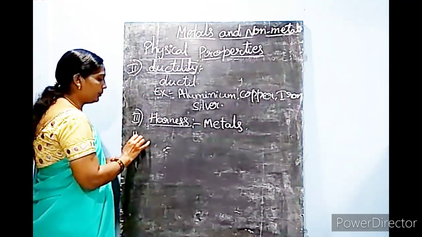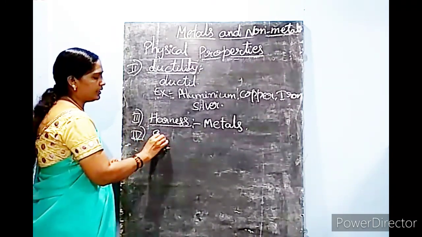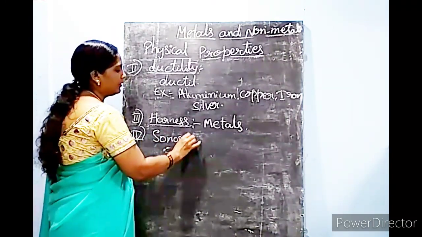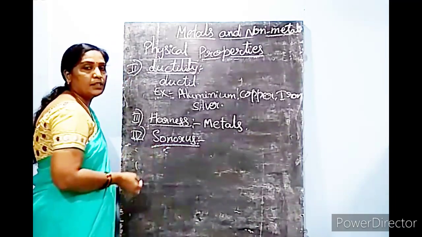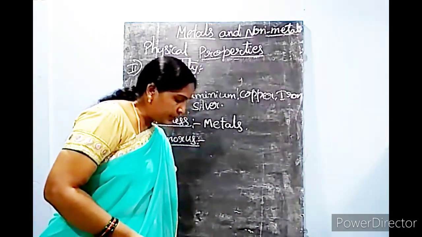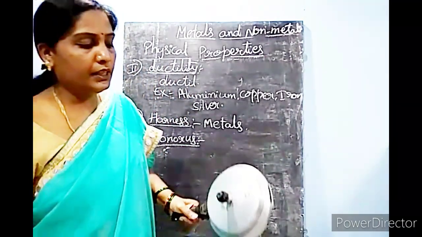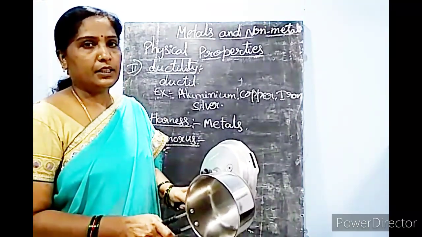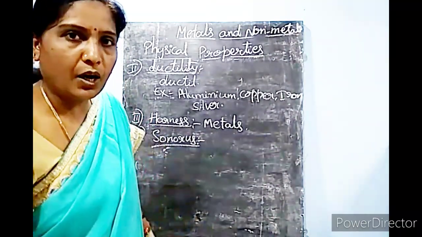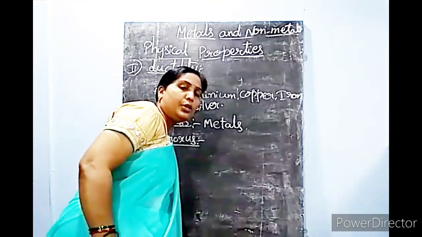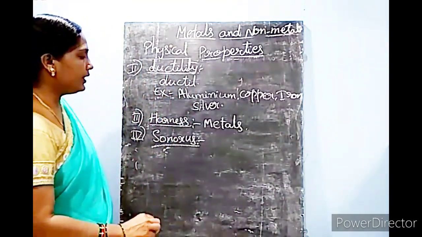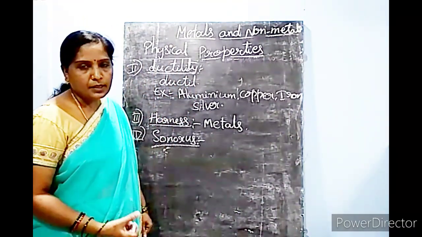And now the fourth property is sonorous. Sonorous means when two metals are beaten with each other, they give some sound. When they are dropped down, they make some sound.